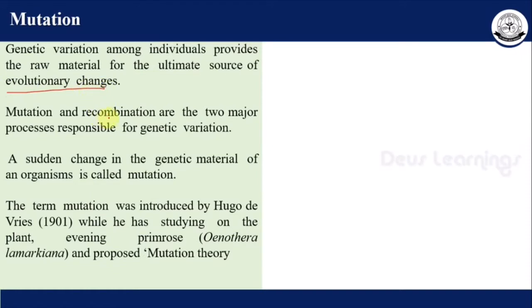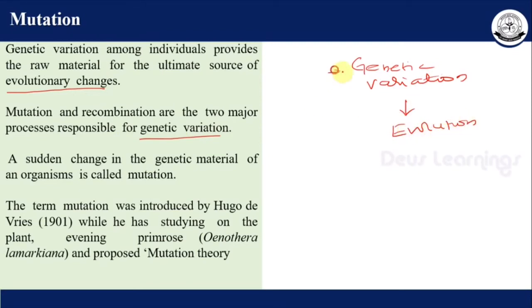Mutation and recombination are the two major processes responsible for genetic variation, and genetic variation brings evolution.